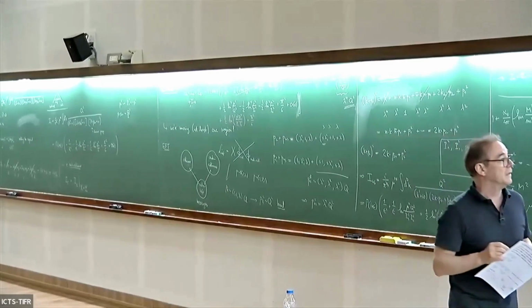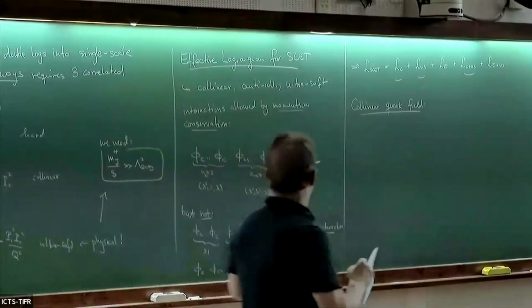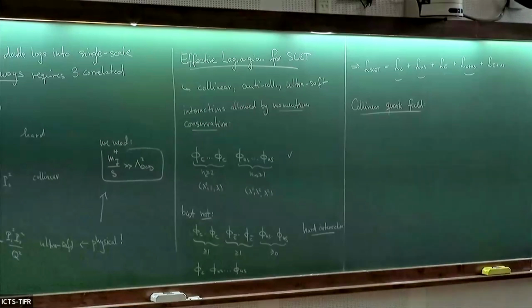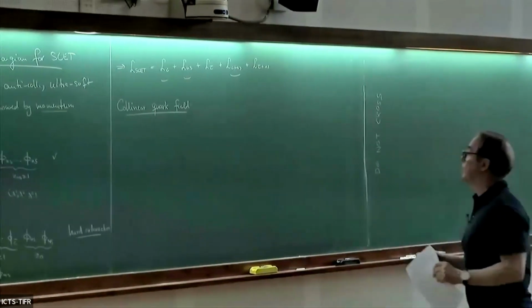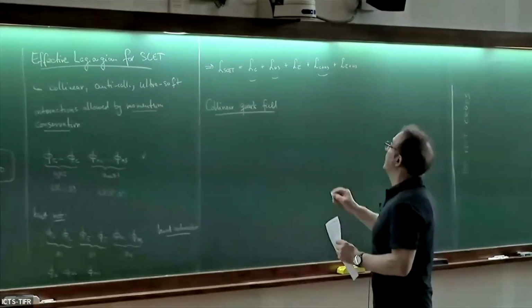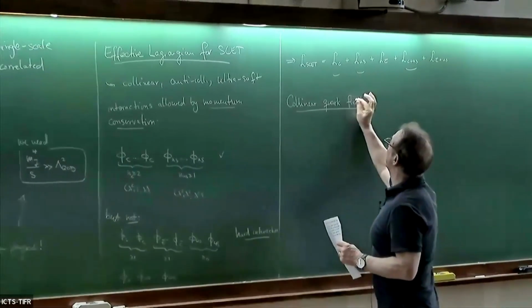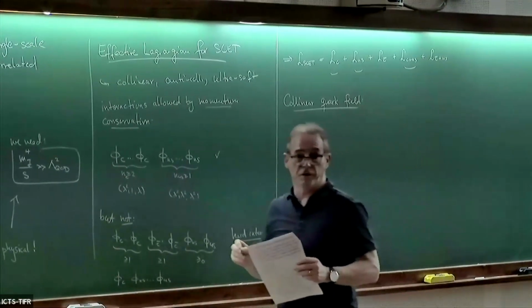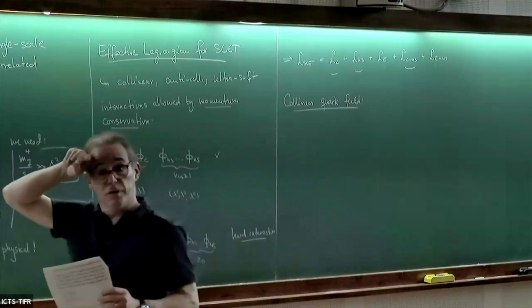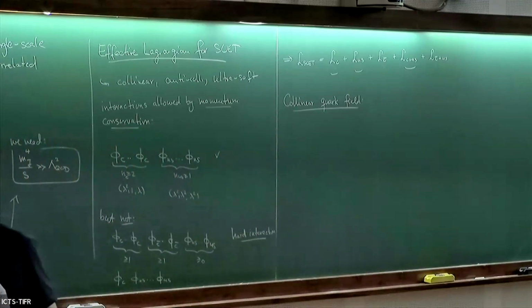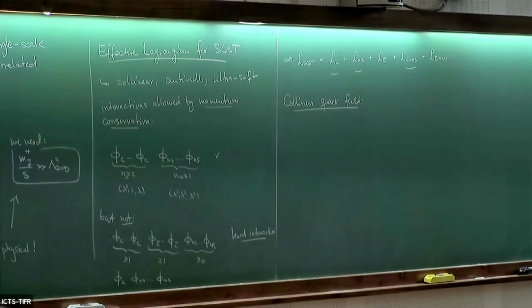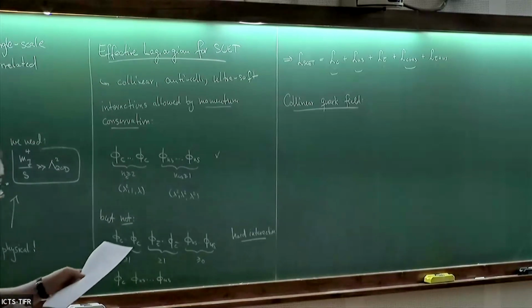So basically, I want to simplify the Dirac theory of a collinear quark by using the same trick, by taking the four-component Dirac spinor of such a field and using the fact that in the large energy limit, two components of such a spinor, if it's on shell, are sent to zero, two components remain large. So I'm going to describe it by an effective two-component spinor.